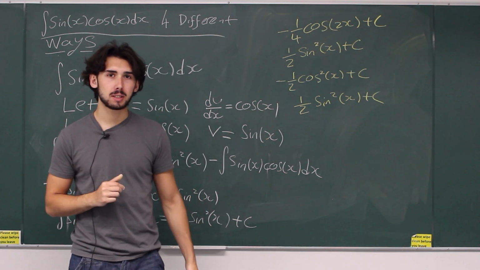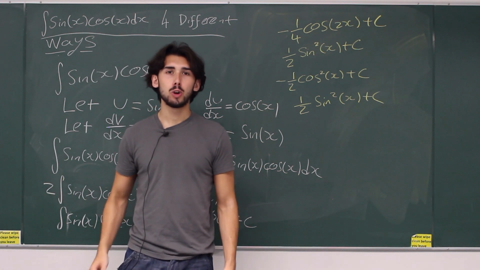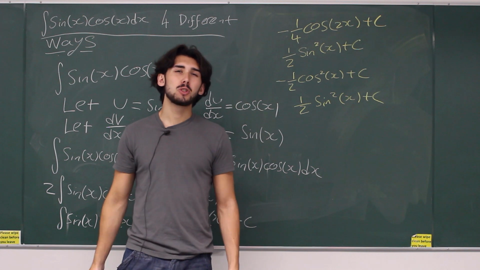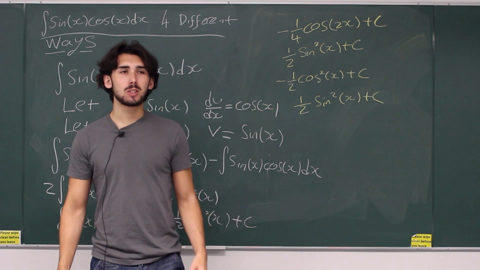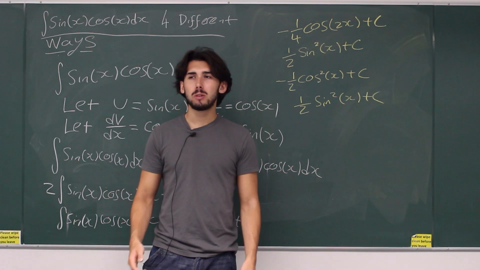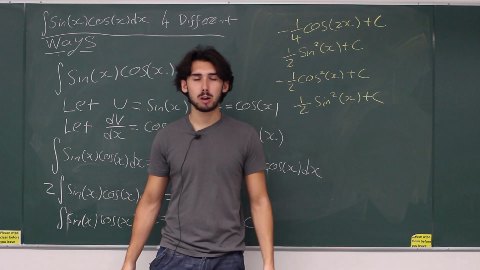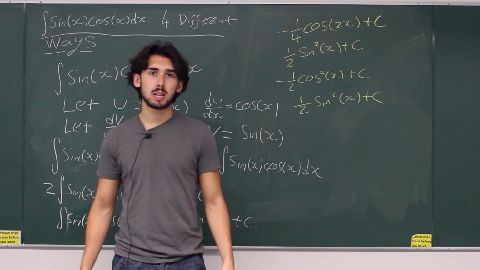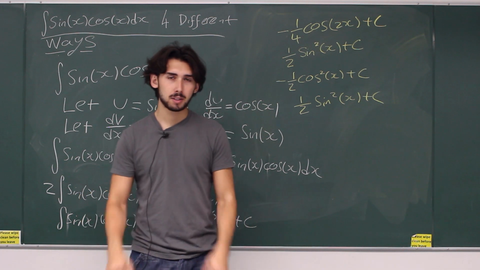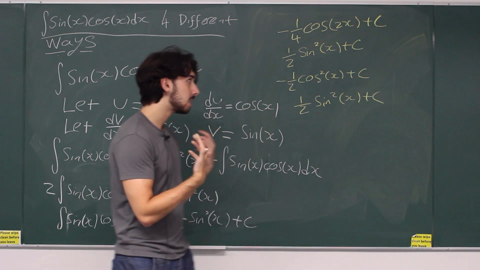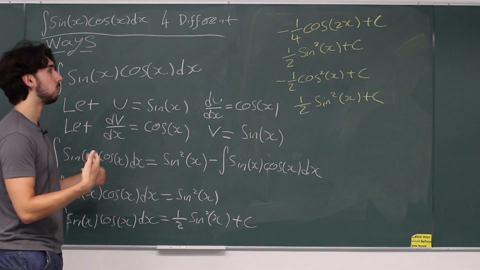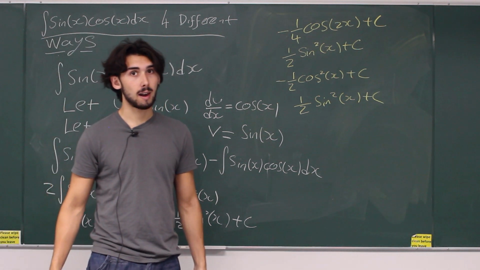So if you don't put a plus c on an indefinite integral, you are wrong. It's not being pedantic. It's not saying, oh, well, we don't really need the plus c, but we're going to take marks off you if you don't write it. If you don't do a plus c, you are incorrect. And that's the important thing. And this is a prime example, I hope, of why exactly that is the case.